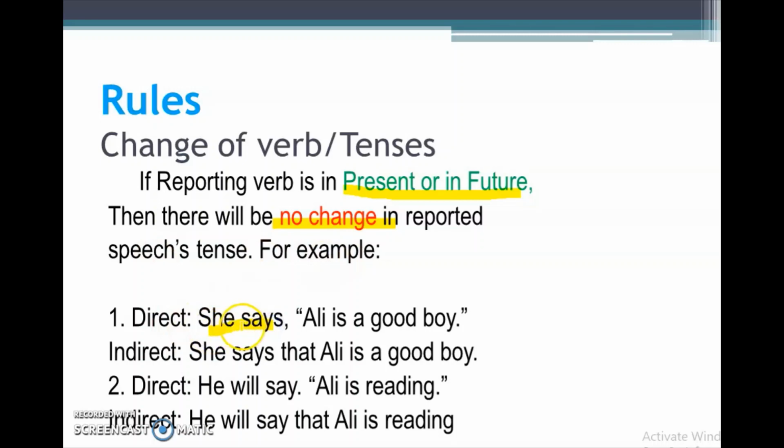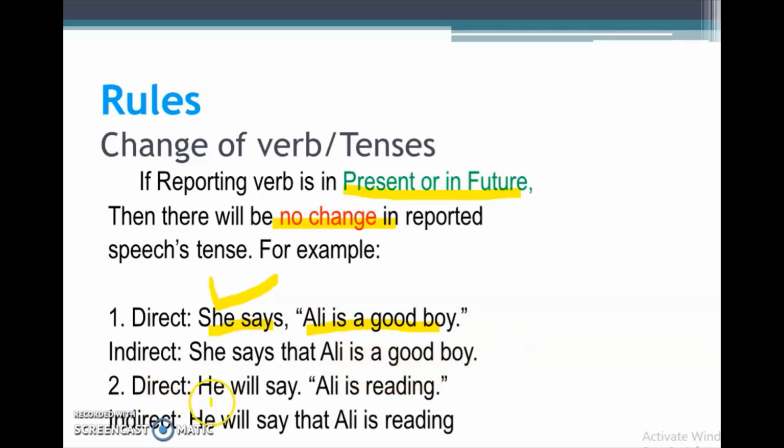If there is he will say or he says, you have to look at this part of the sentence. If in this part there is present or simple future, you need not change the tense in the second part of the sentence. Here you can see she says that, you have added just "that" to remove the inverted commas. Ali is a good boy. So no change of tense took place here.